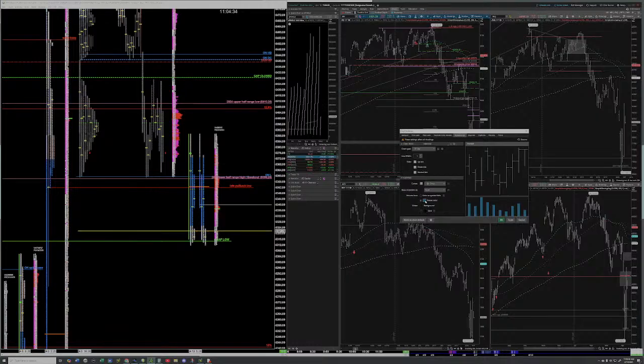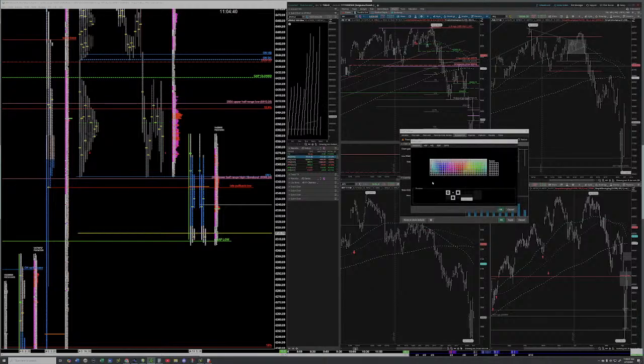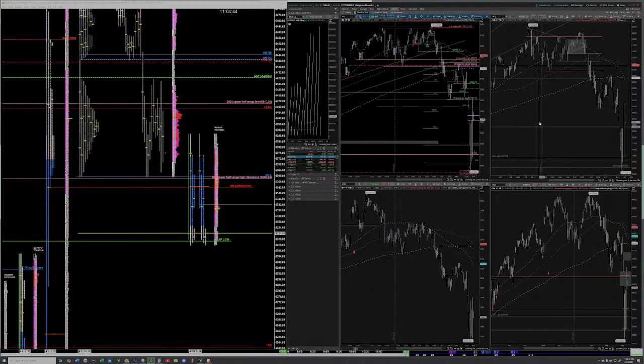It's not grid. Where's the background? Oh, background's here. That's bad. I like that one better.